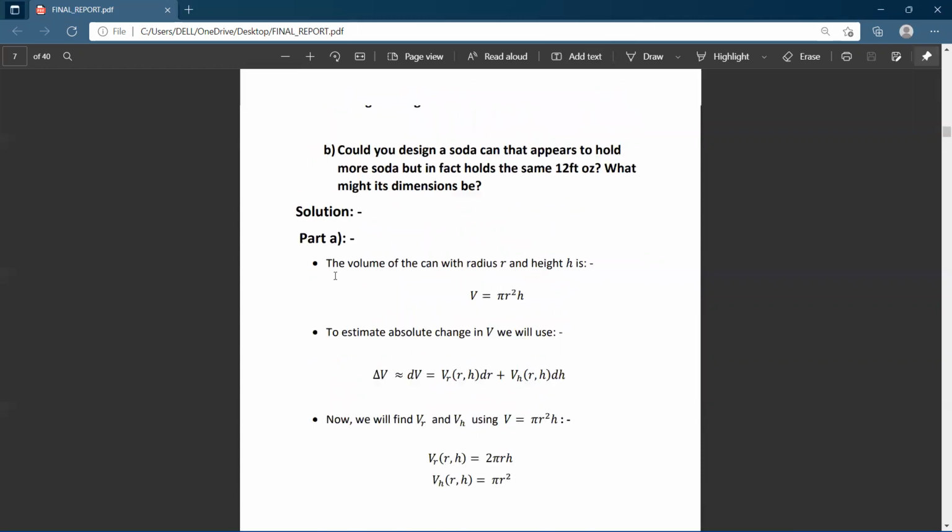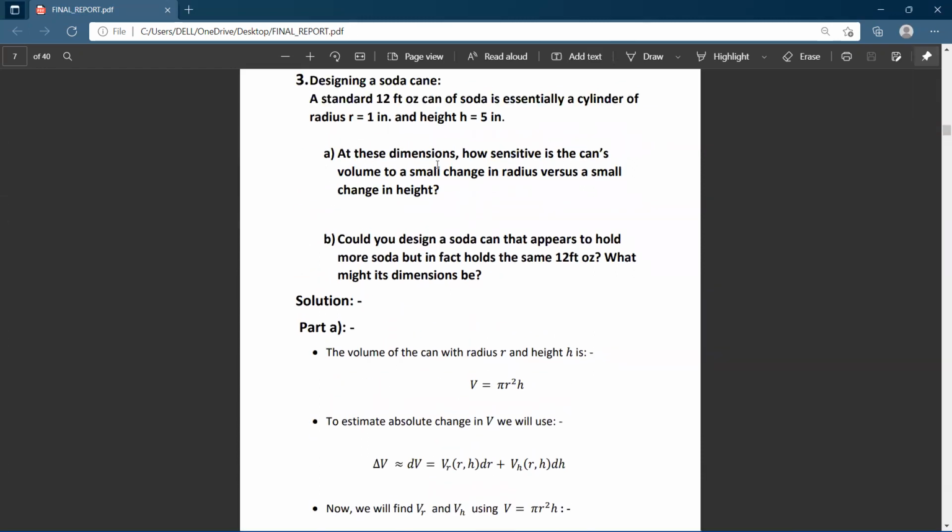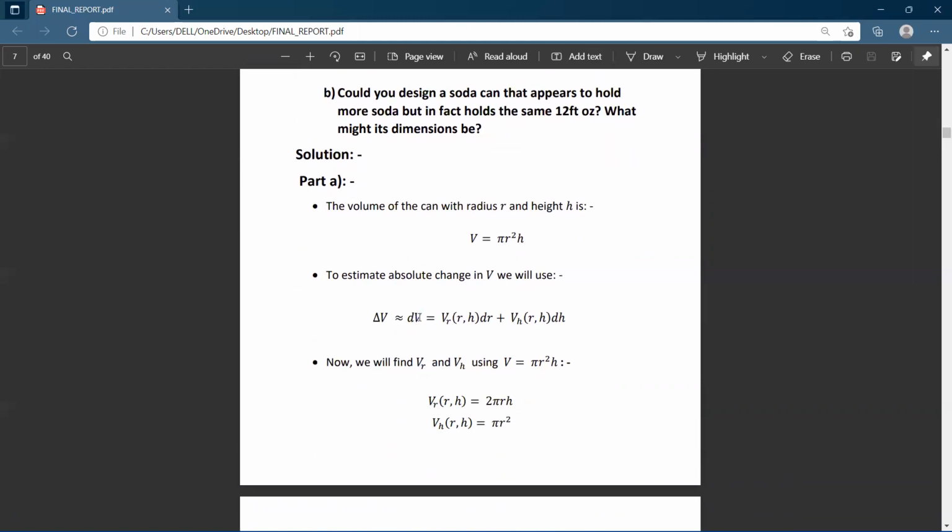Now I have to estimate how sensitive the volume is to a small change in radius. So I find the small change in volume, which is equal to the small change in r times the partial derivative of V with respect to r, plus the small change in height dh times the partial derivative of V with respect to h.